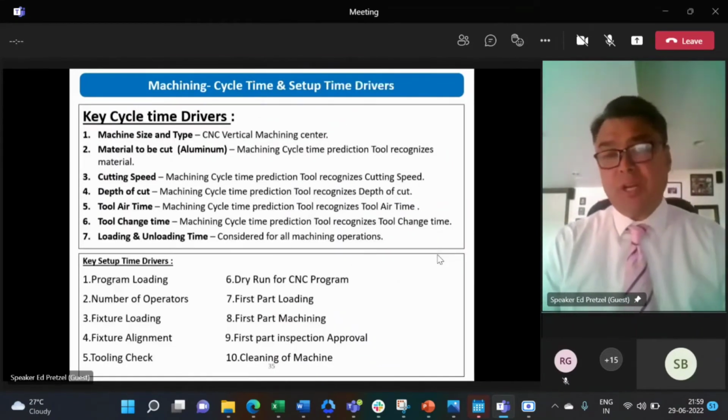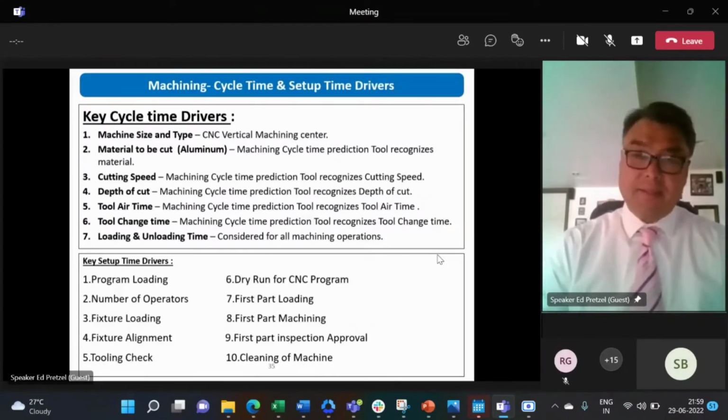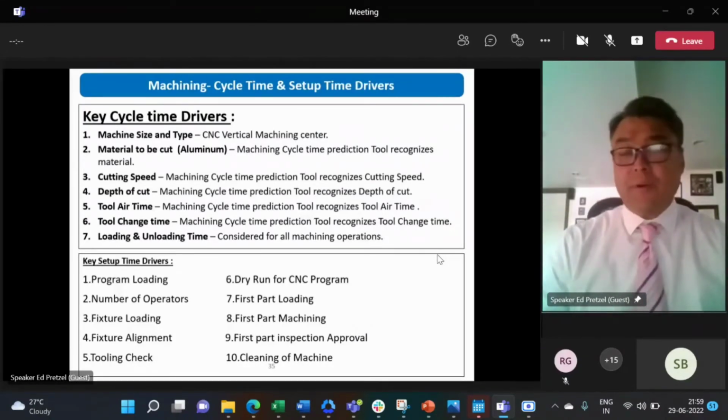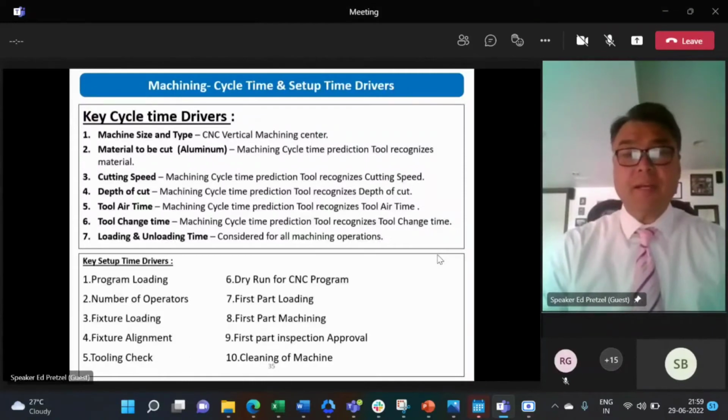When you think of machining, it is more complex. We have to recognize all of the cycle time drivers. So we've listed those here. So it's cutting speed, it's depth of cut, air time, that's where the tool is moving, the tool change time, and also the loading and the unloading of the part.